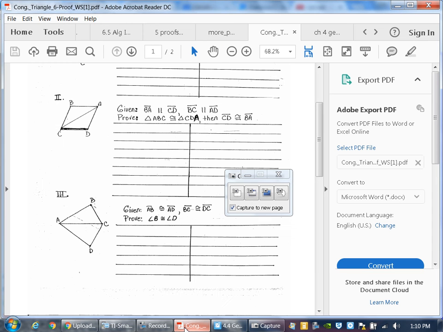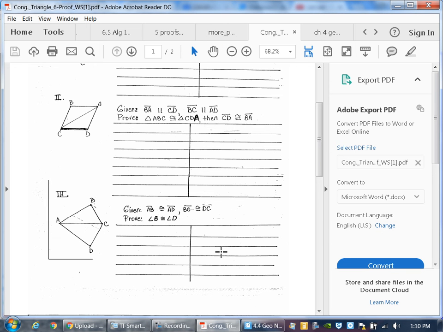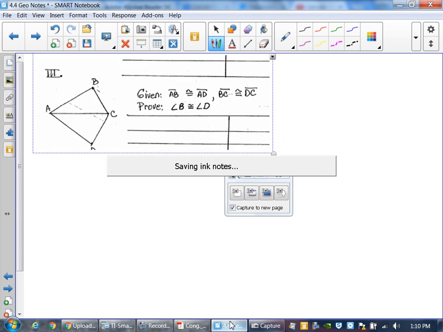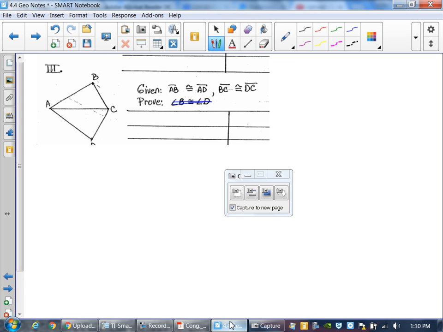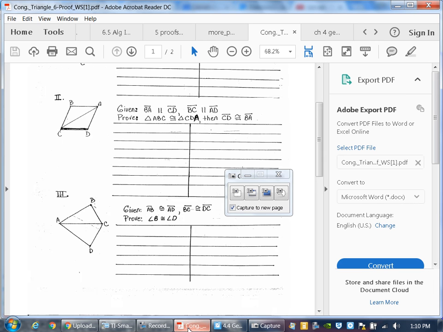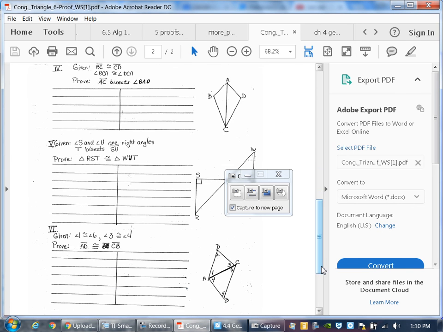On 3, gently cross out that, but write in triangle ABC congruent to triangle ADC. Okay. All right? On the other side, same deal.